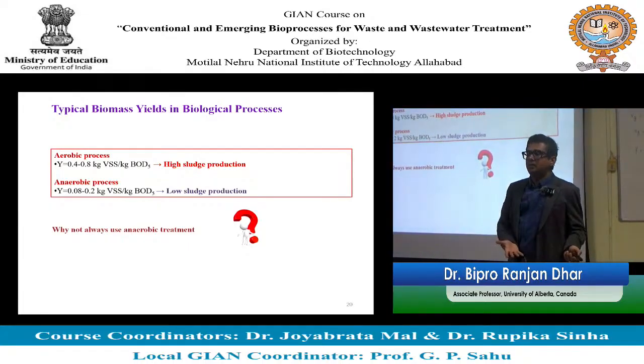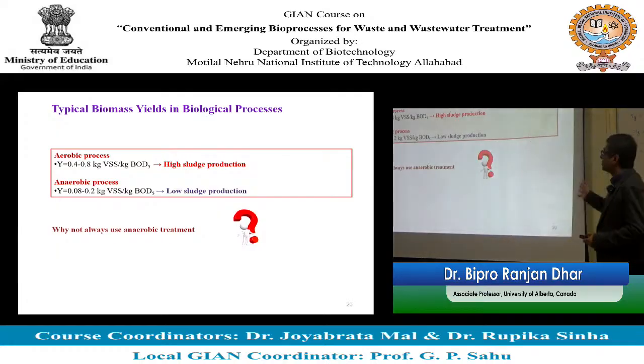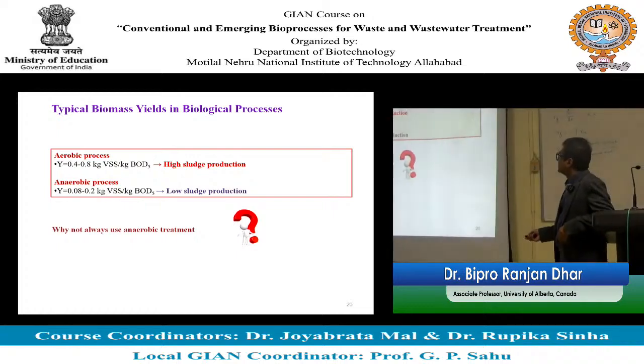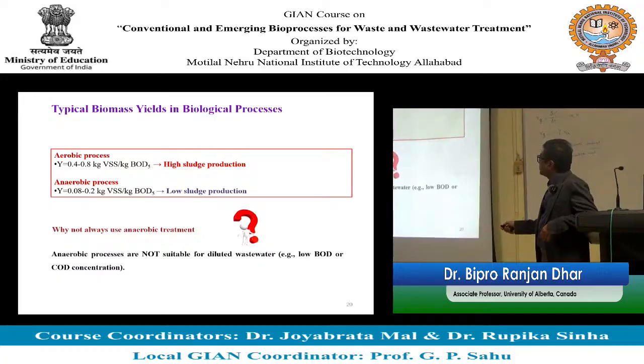Aerobic processes are more efficient for diluted wastewater with really small concentrations. We are going to do some calculation on that in one of the following slides. So the anaerobic process is not suitable for diluted wastewater.